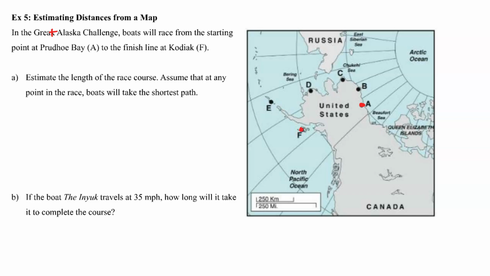Estimate the length of the race course. Assume that at any point, boats will take the shortest path. In this instance, we are going to have to rely on the key that they give us down here for analyzing and thinking about distance.